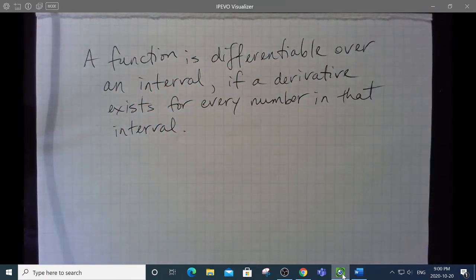So as long as all your x numbers don't have any points that are cusps or discontinuities or would have a vertical slope, then you've got yourself a section of curve where it's differentiable over the entire section.